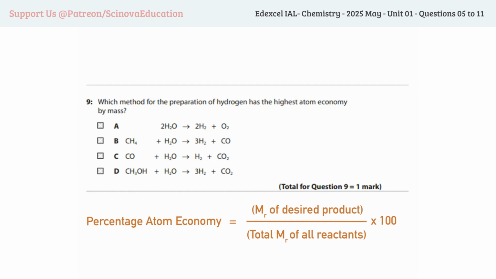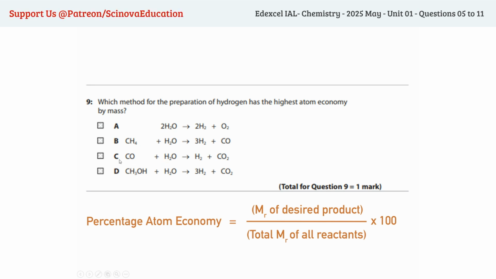You can see options B and D are giving 3 hydrogens. So, we will see which gives the lower total mass of all reactants out of B and D. You can see the mass of reactants of D is very much higher compared to B. So option D is going to be dismissed.